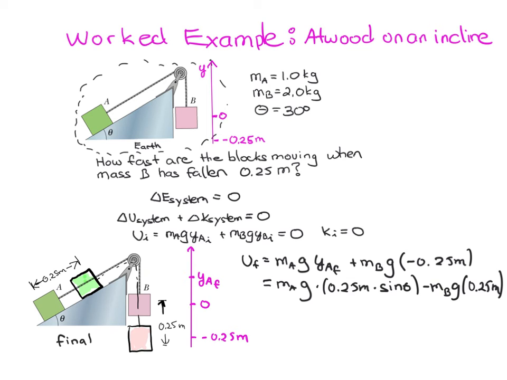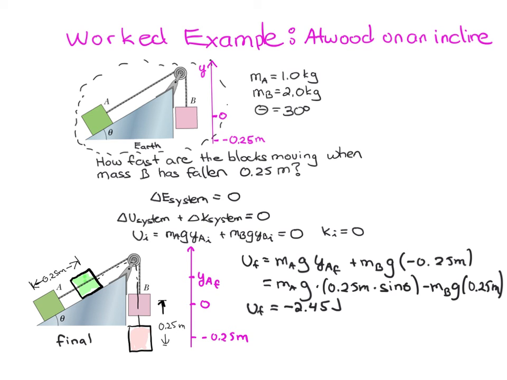We know what g is, and I'm going to save some writing and just tell you what the numerical answer is. We find that U_F, plugging in, is equal to a numerical value for the potential energy in this final state of minus 2.45 joules. And we're almost done here. We've argued pretty convincingly that the total energy in the final state has got to remain equal to zero. So what does that mean?